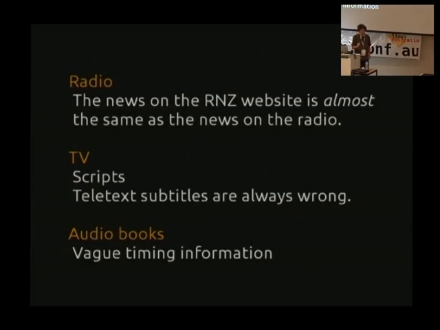So other sources are on the Radio New Zealand, they read the news and then they put almost exactly the same news on the website, so you can't quite use it. They must have a script, because the newsreaders don't just make it up. That's what the reporters are for. And then the teletext subtitles are completely different from what is actually said.